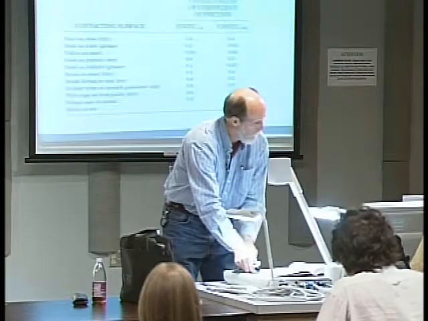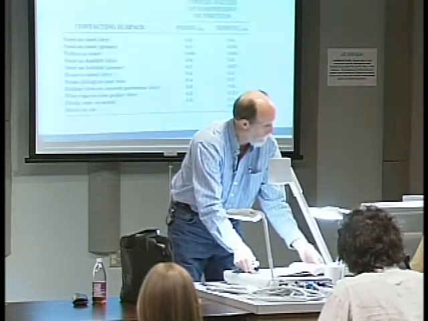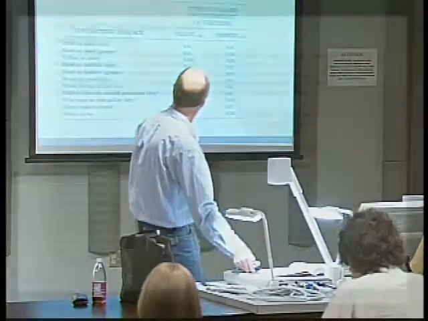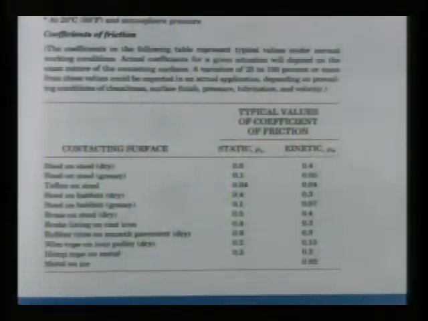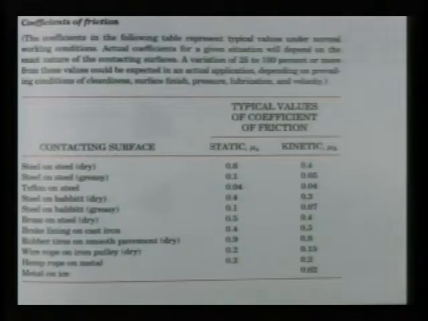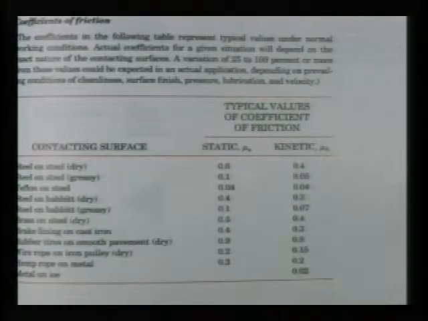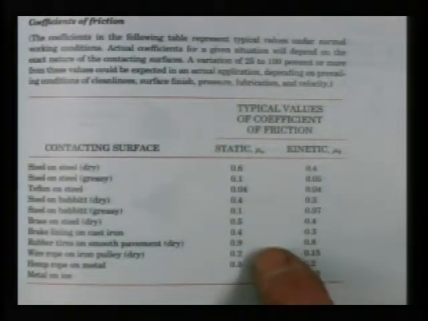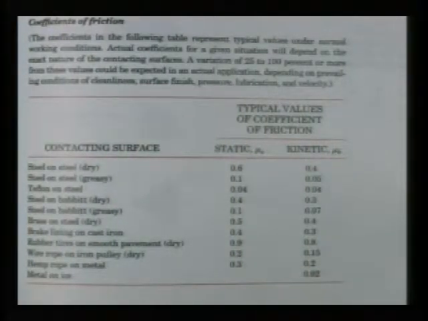I'm back on page 707. Notice these coefficients of friction are all less than 1. Rubber tires on smooth pavement, 0.9. Notice the dry steel on steel is less than greasy steel on steel for kinetic.